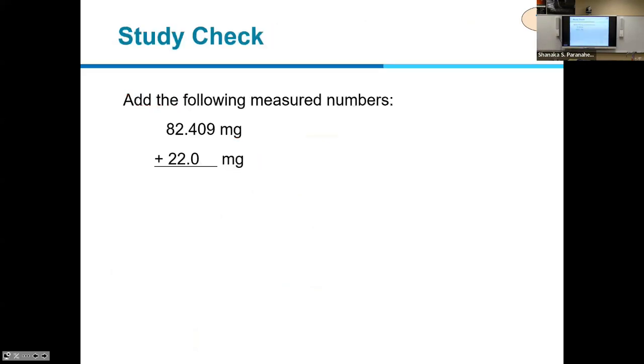So that's the practice problem on the next slide. Do the addition and write the answer with the correct number of digits.